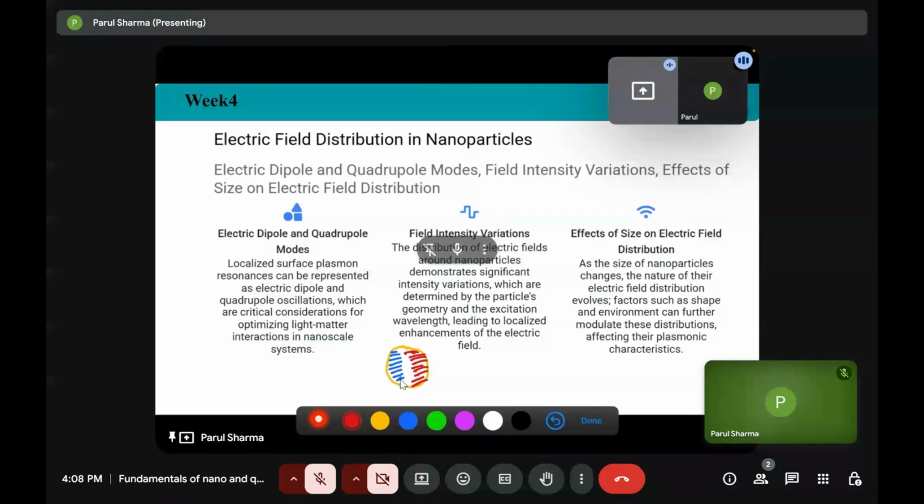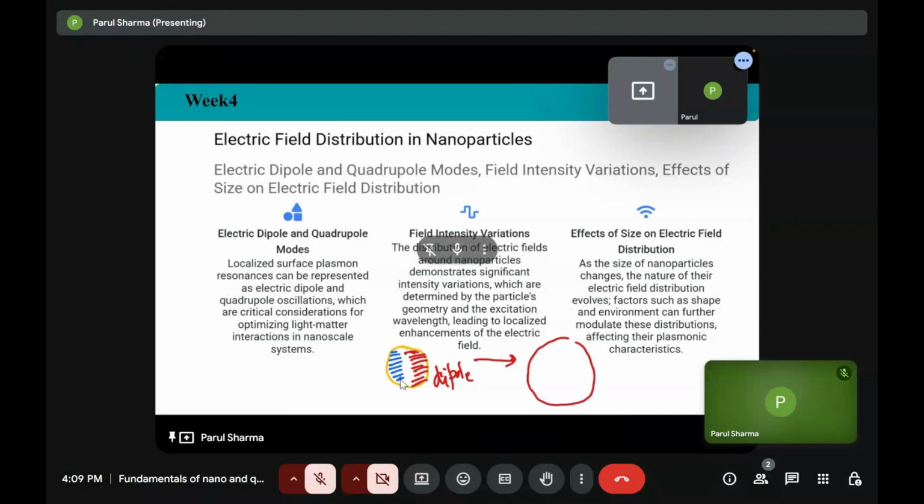If you have a small size particle, you have that, and as the size increases, then there will be an increment, and the particle moves away from the dipole.